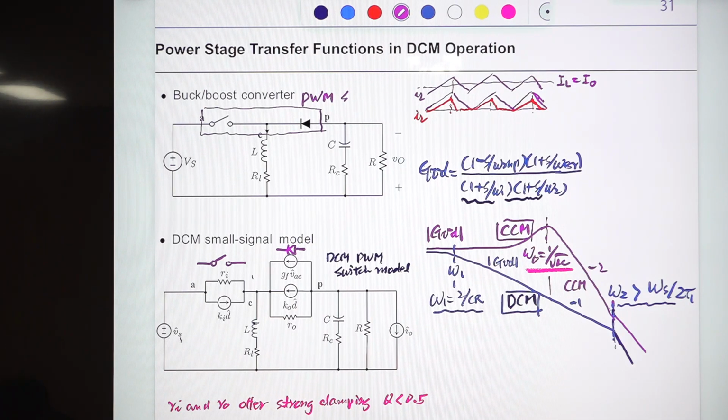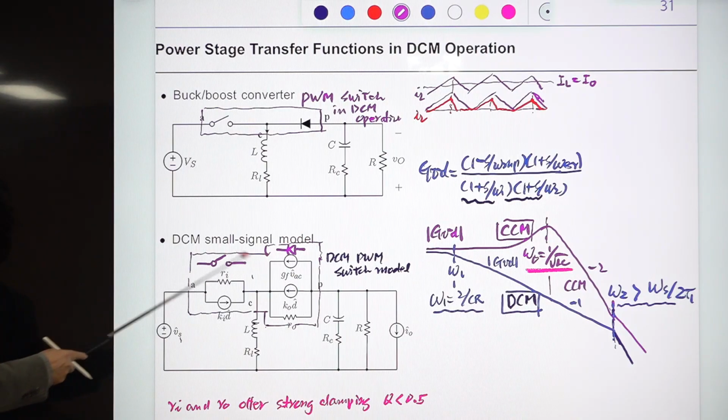PWM switch in DCM operation, and the small signal model is different, very different. So this is the small signal model of the buck boost converter. You can use any of 3 basic converters, but this one is easier to see because of the location of this switch. This is the small signal model.